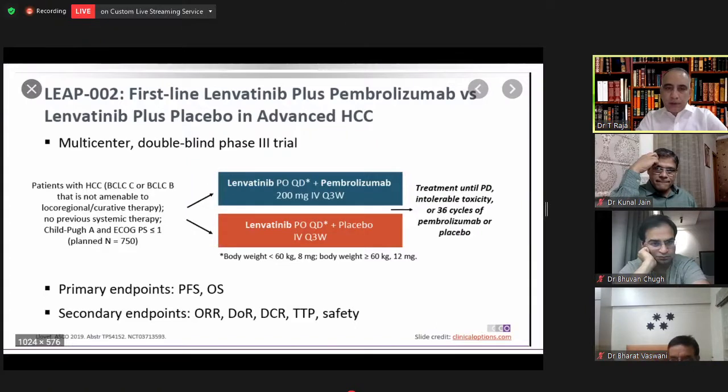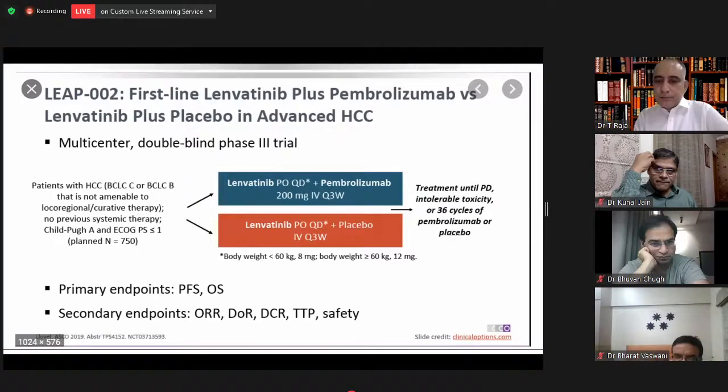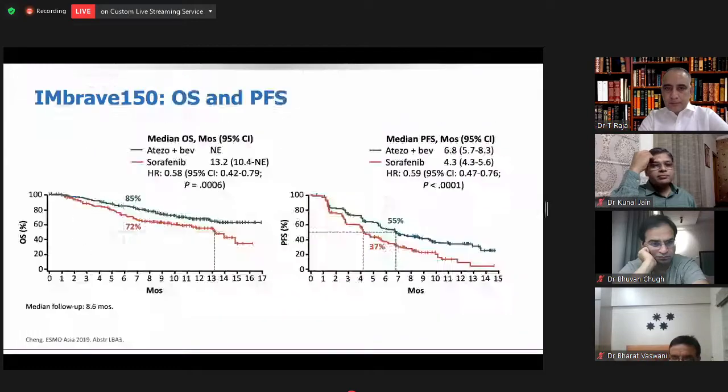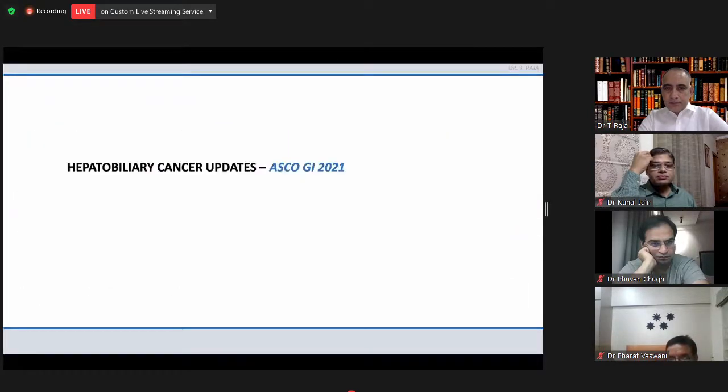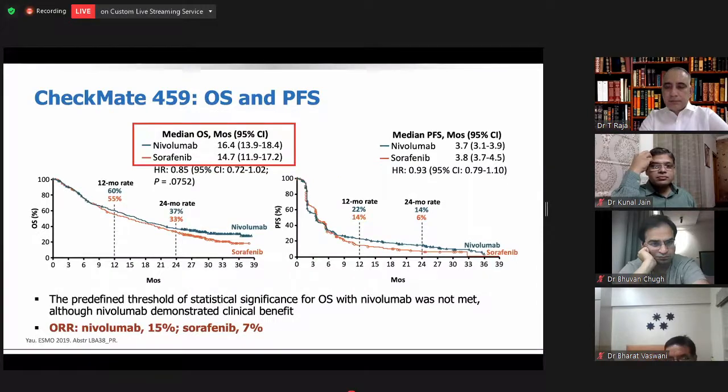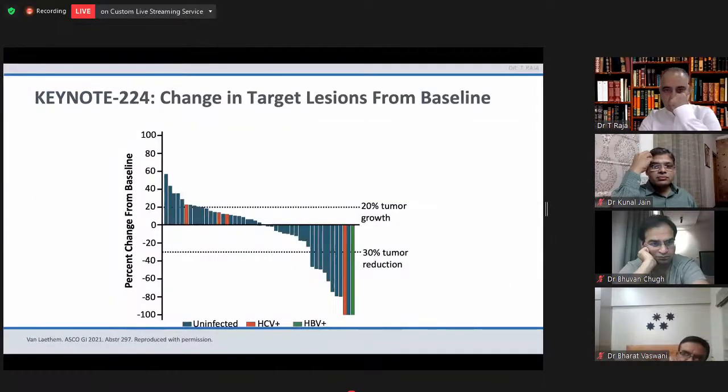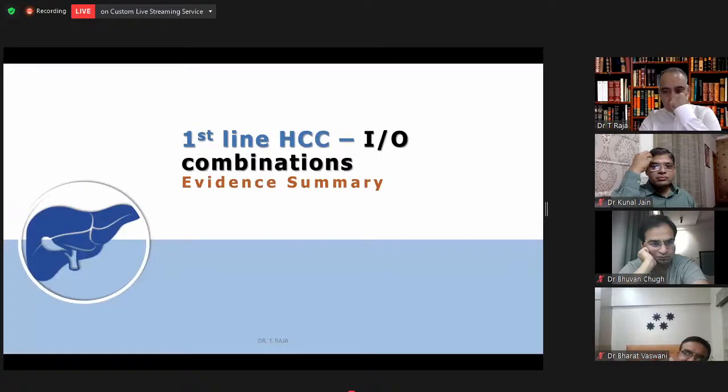As far as the IO trials in hepatocellular carcinoma are concerned, both the nivo and the pembro trials initially reported a PFS benefit, but later on ended up showing no OS advantage. And IMbrave is the only one which, in this update also, is able to show an OS advantage.